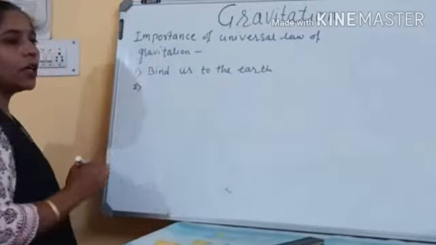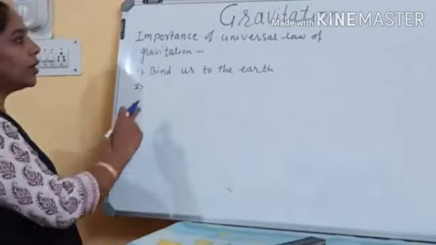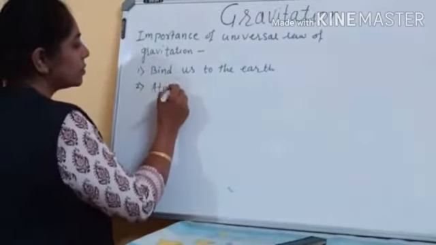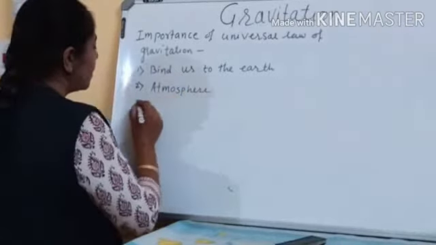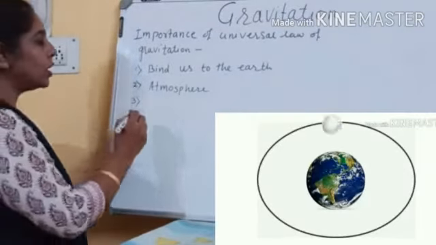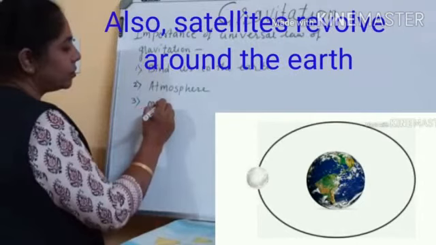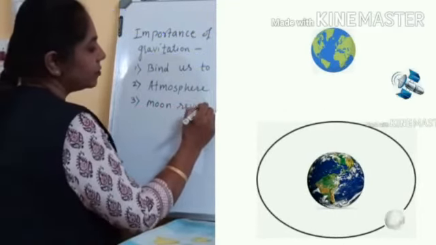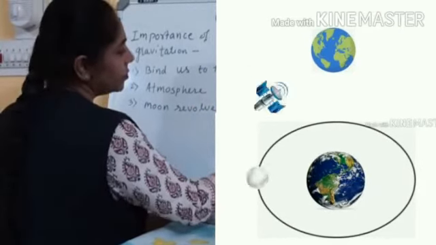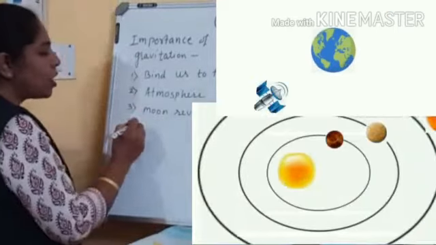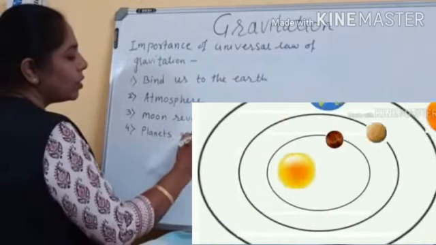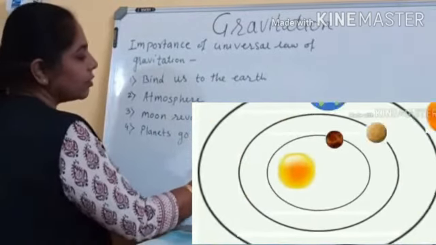Second application is that we have the atmosphere due to the gravitational force. Third application is that the moon revolves around the earth. Fourth application is that all planets go around the sun.